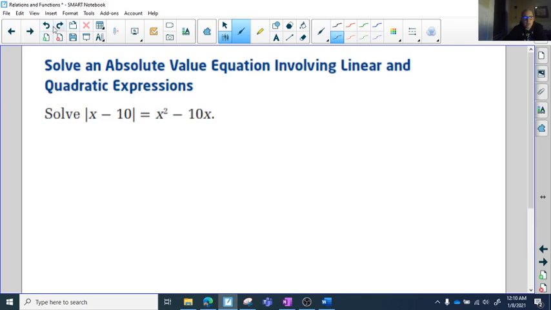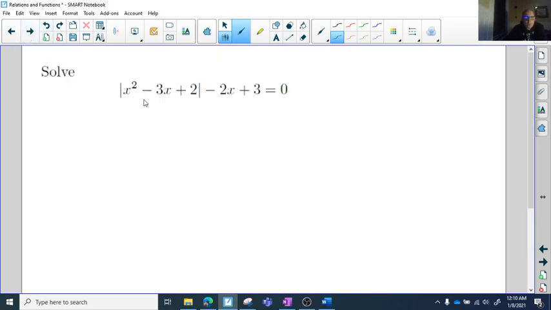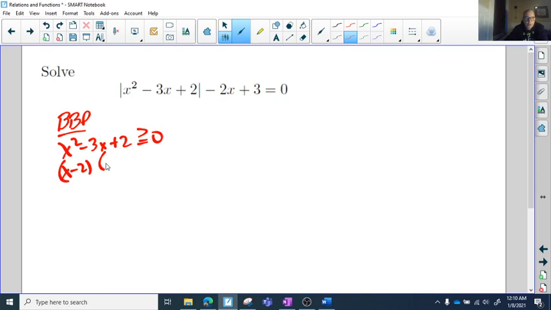Alrighty, let's look at, I think I'll just do this one. So this is another quadratic one. So let's say between the bars is only positive if x squared minus 3x plus 2 is bigger than or equal to 0. This will factor, so x take away 2 and x take away 1 equals 0, only if x is 2 or 1.